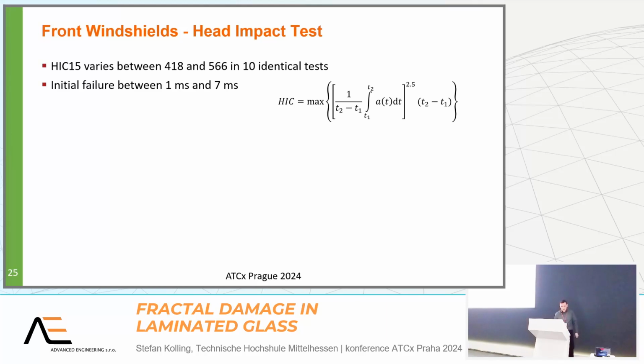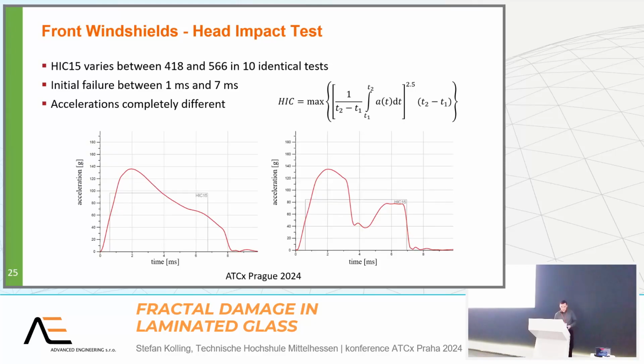So the initial failure was between 1 and 7 millimeters, and the acceleration is completely different in two different tests, as you can see here, acceleration versus time.